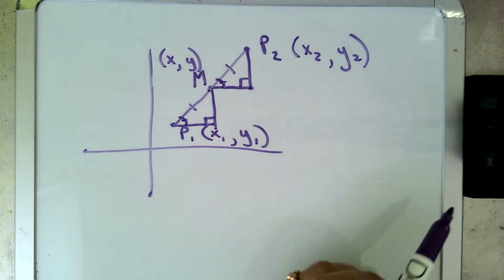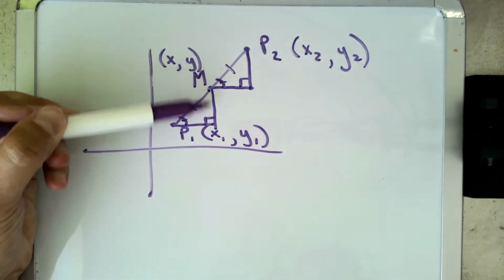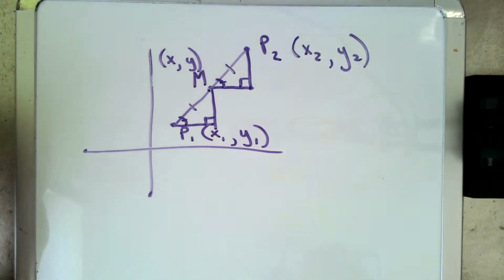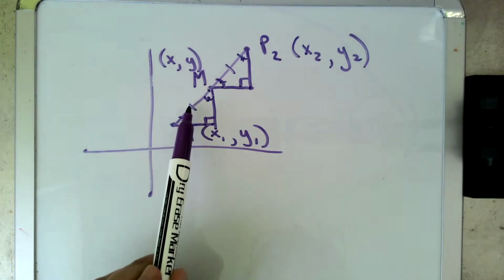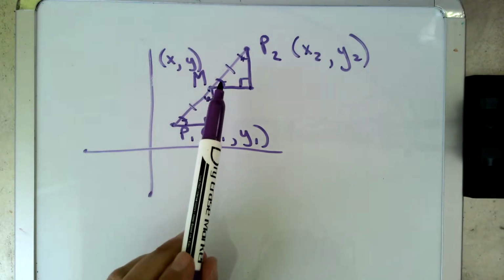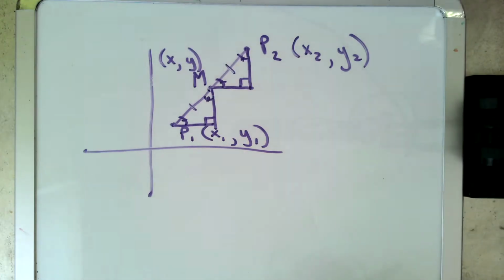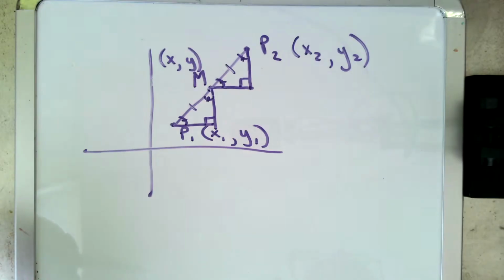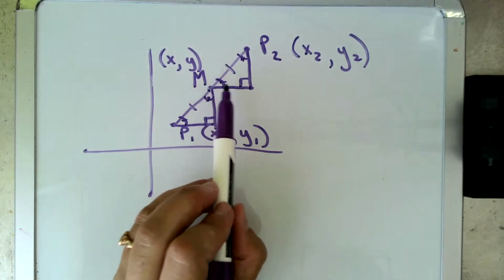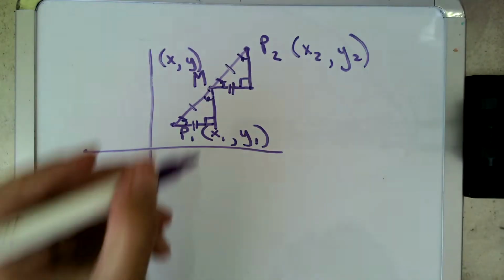And then I also know that in terms of my straight down verticals, these top angles will be congruent to each other. And so by angle, side, angle, I know that these two triangles are congruent to each other. That means that in addition to the hypotenuses being congruent, this side will be congruent to this side, and this side will be congruent to this side.